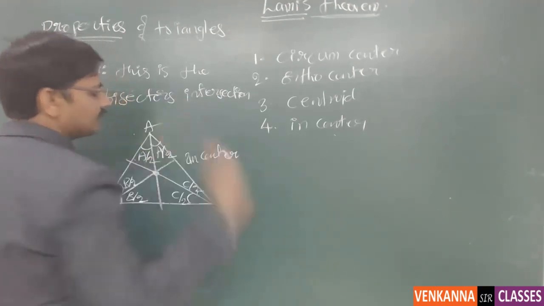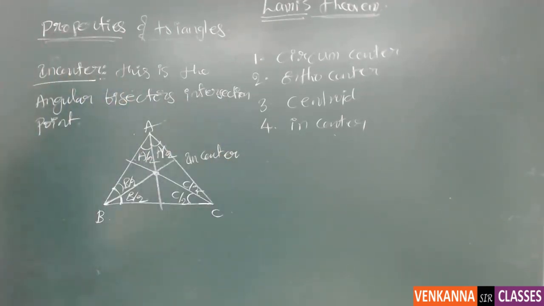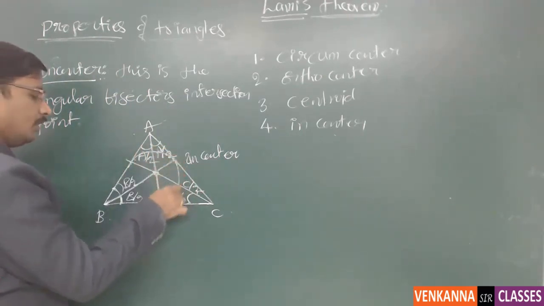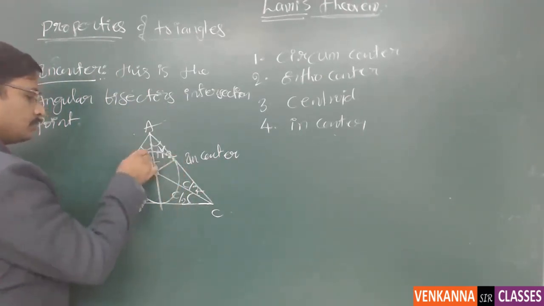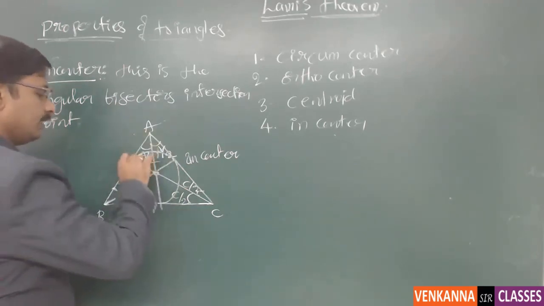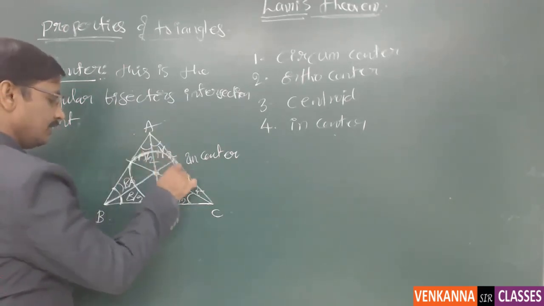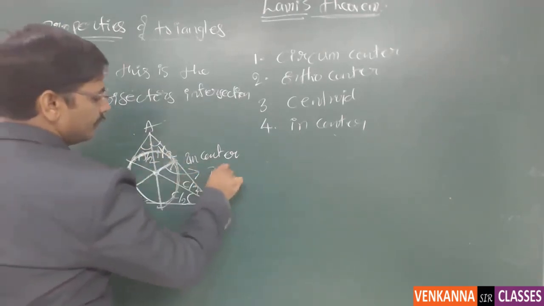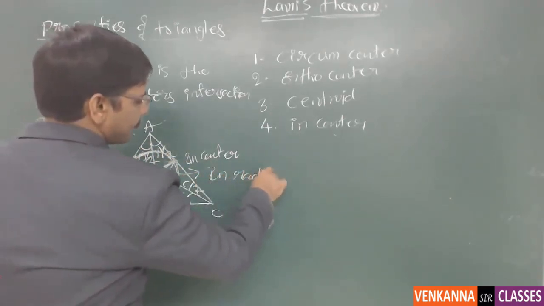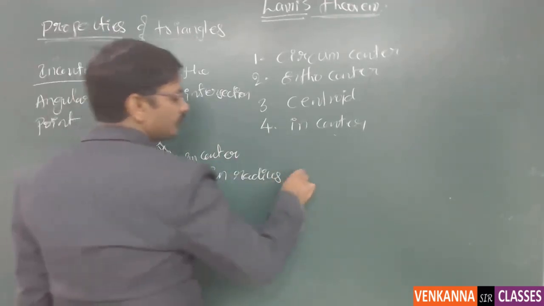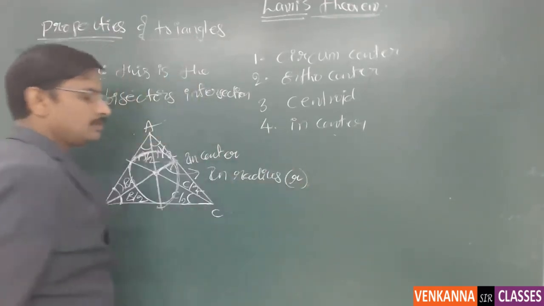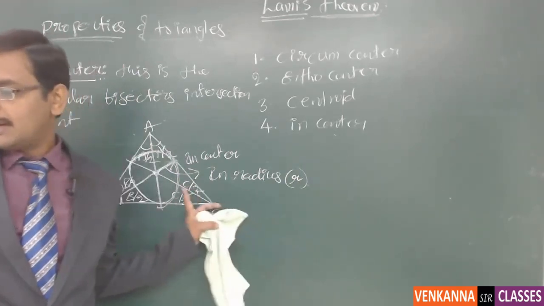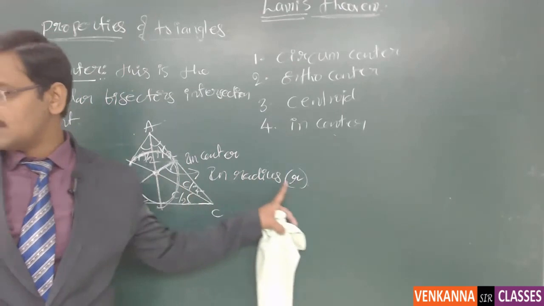Why we call this the incenter is, for the incenter you can draw a circle touching all three different sides. So like this you can draw a circle in case of the incenter. And this radius is called the inradius. So this is the inradius, and this is usually represented with a small r. So circumradius is represented with capital R and inradius is represented with small r.